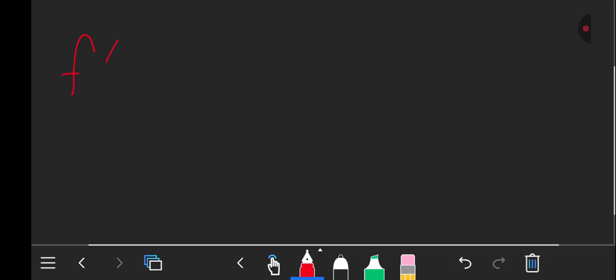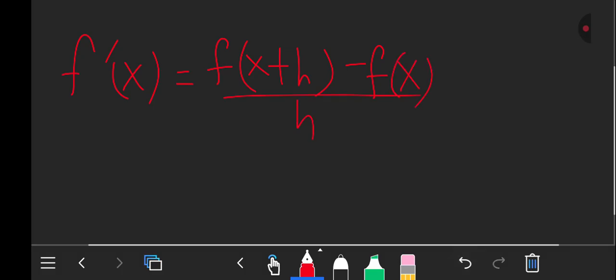So write first the formula. Derivative of a function is equal to the function where there's x, substitute x plus h, minus the function itself, over h. So what we are finding is the derivative of sin x.